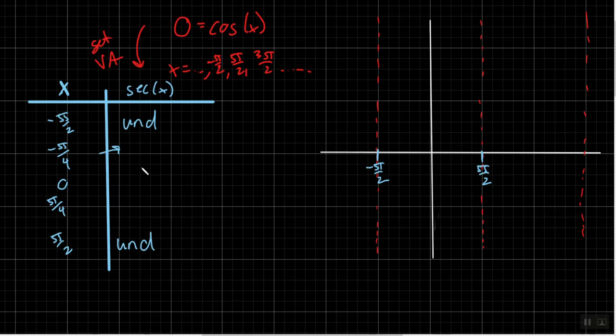Look on a unit circle. Cosine of 7 pi fourths is square root of 2 over 2. And because secant is the reciprocal of cosine, we're putting that under 1.